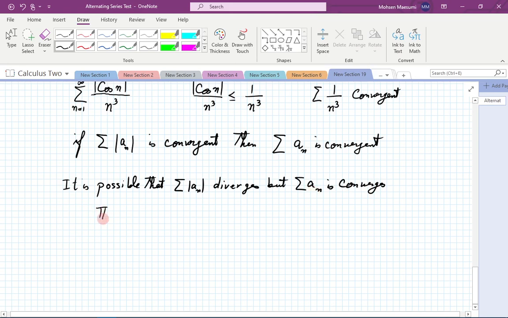Then we say the sum of a_n is conditionally convergent.